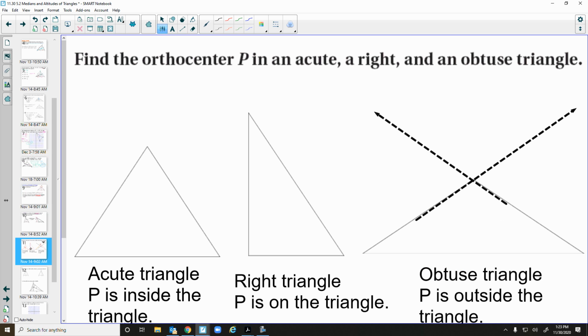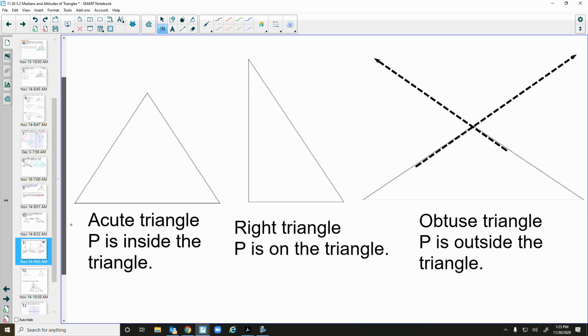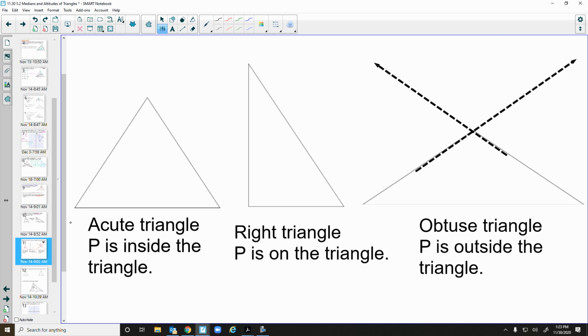Because, depending on our different triangles, finding the different orthocenters, you're going to create an altitude.